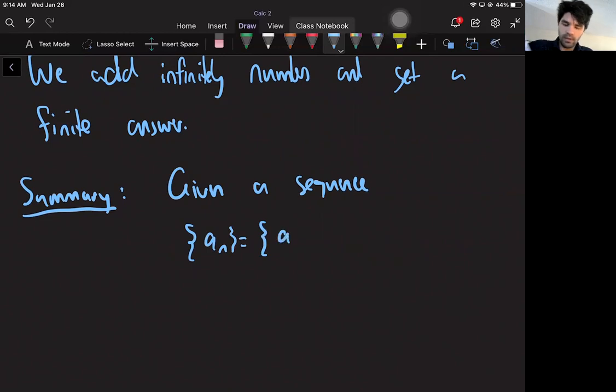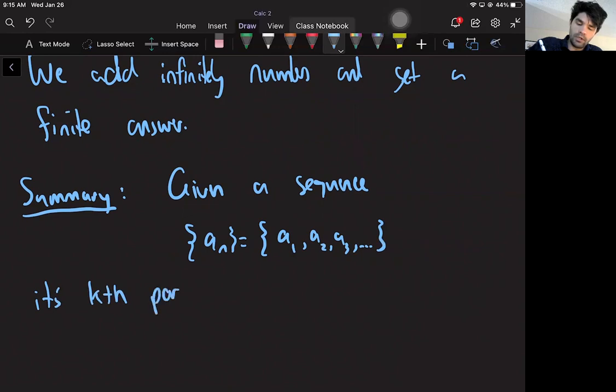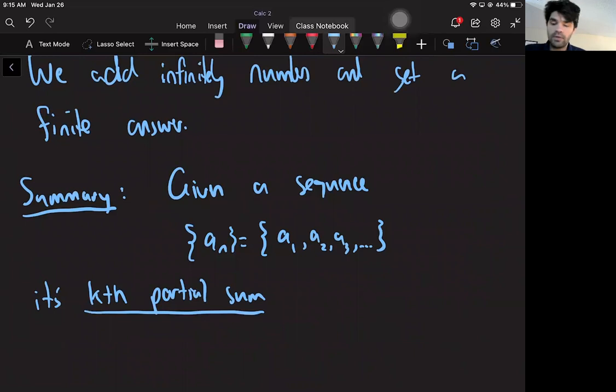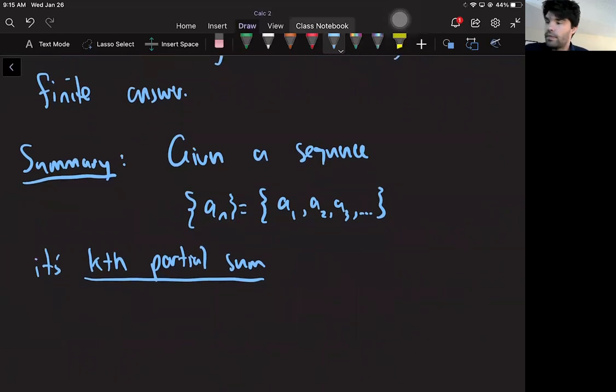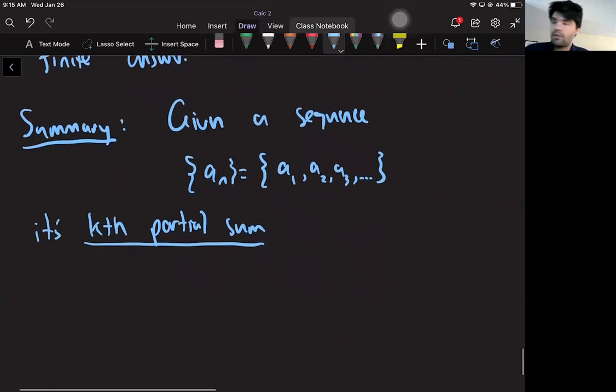I started the last one at 0, but you can start this one at 1 if you want. Given a sequence, its kth partial sum. Okay, so you just have a list of numbers. They're just a boring old list, but then you add them together, you get its kth partial sum.